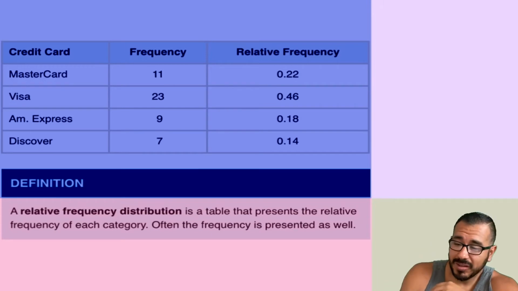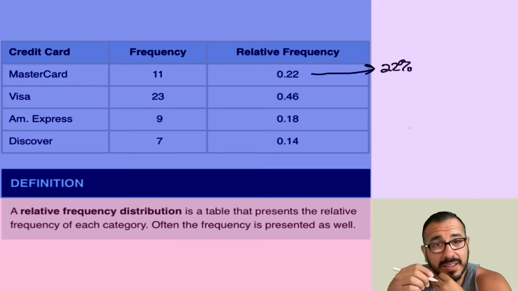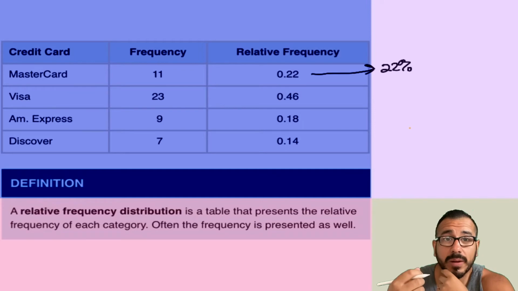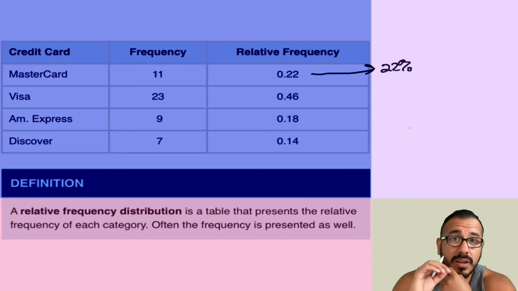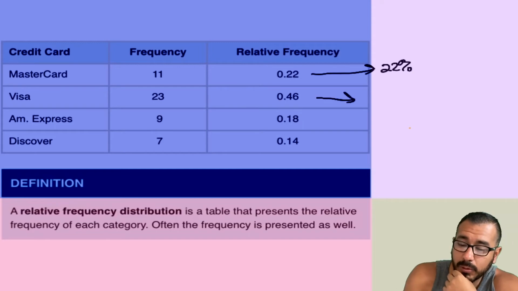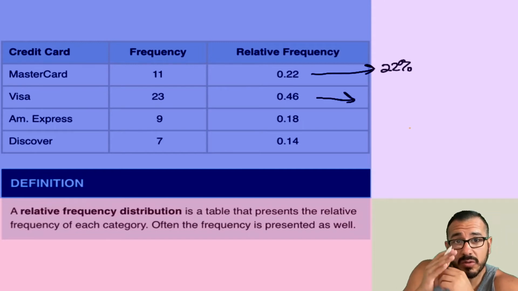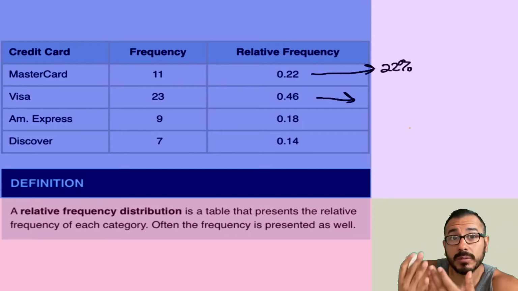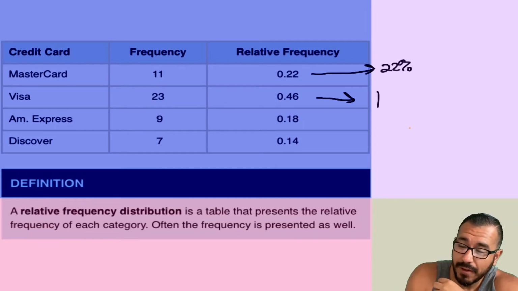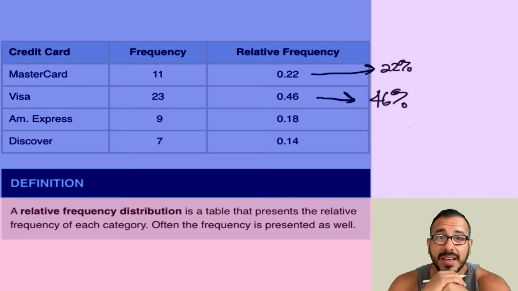For example, this 0.22 tells us that 22% of the people that use credit cards in this situation used MasterCard. We move the decimal place two places to the right, or multiply by 100, and you see that 46% of people that use credit cards at this particular place chose Visa.